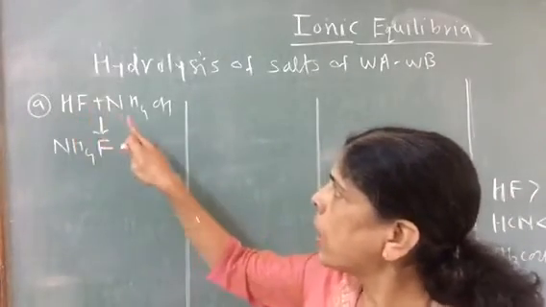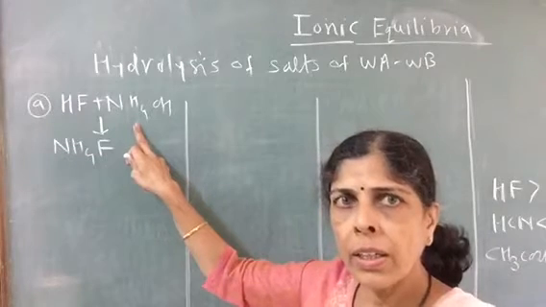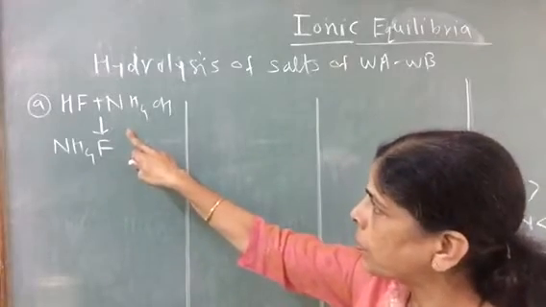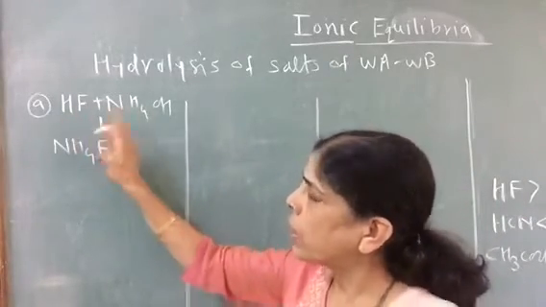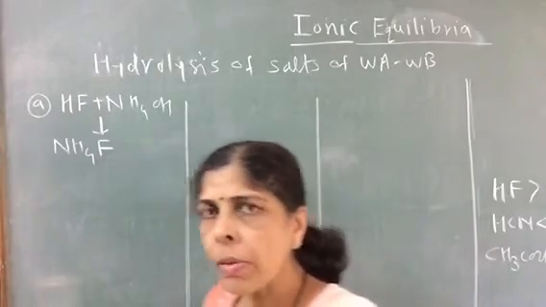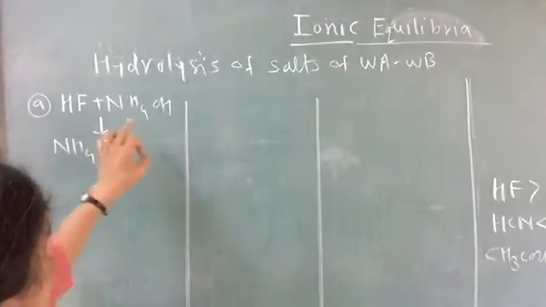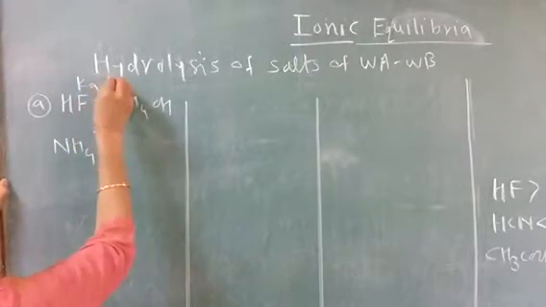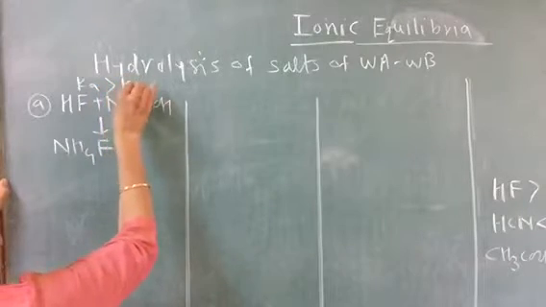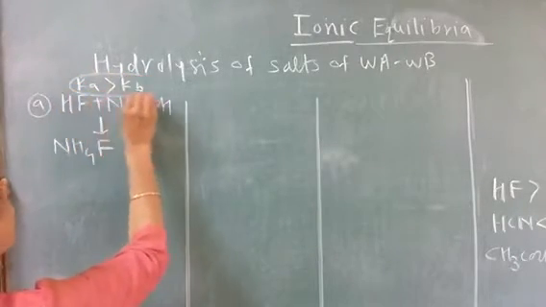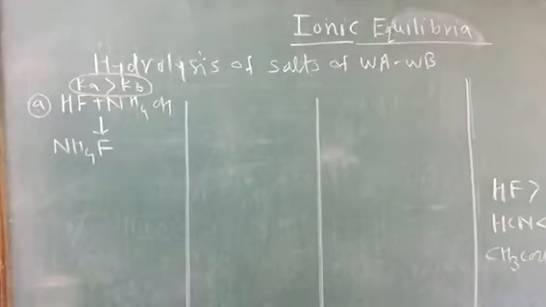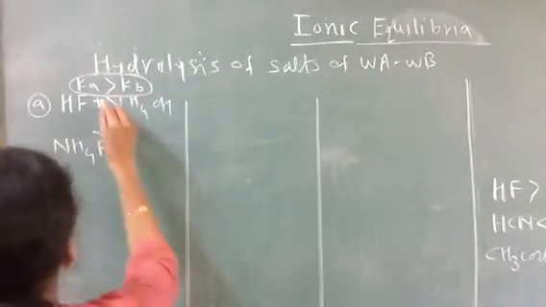This salt is actually a salt of weak acid and weak base. HF is weak acid and NH4OH is weak base. But comparatively HF is a little bit stronger than NH4OH, meaning the Ka value of HF is greater than the Kb value of NH4OH.